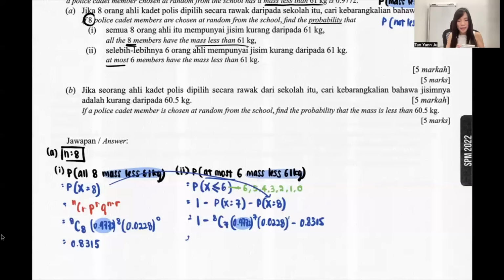So 1 minus 8C7 (0.9772)^7 (0.0228) minus 0.8315. I get 0.01329. So guys, remember, write either 4 significant figures or 2 decimal places, whichever is more detailed. If you write 2 decimal places, it's not detailed enough, 0.01 is like 1, correct? So then you will write 4 significant figures.